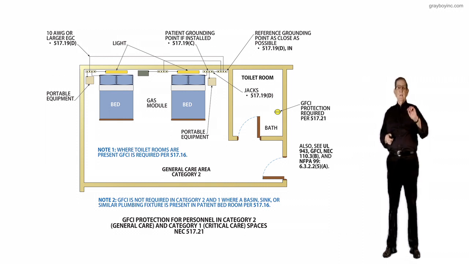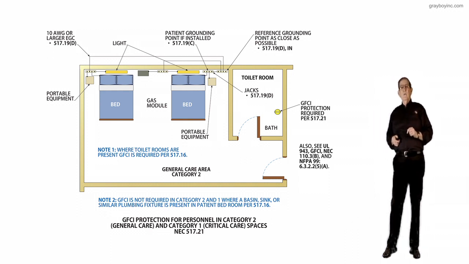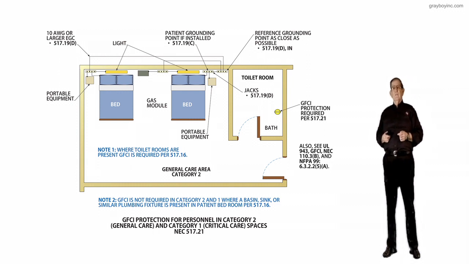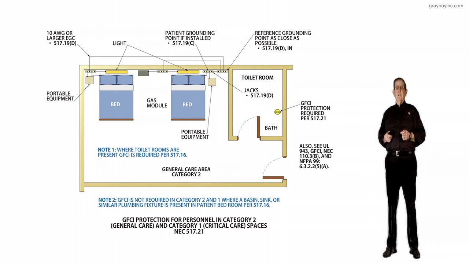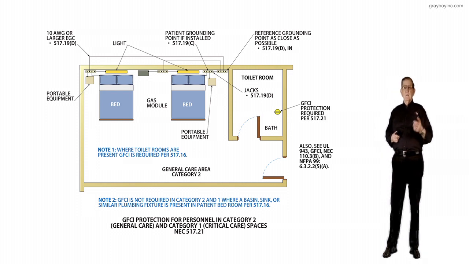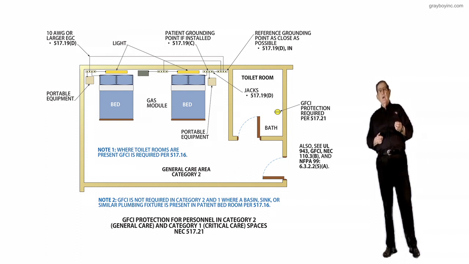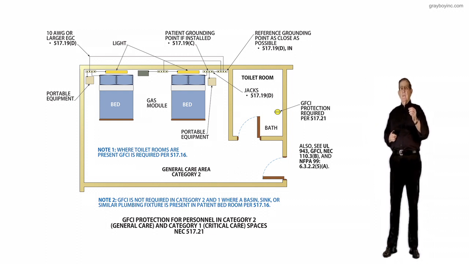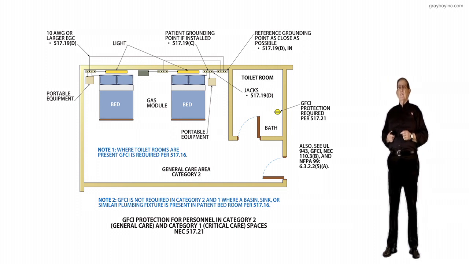And then if you have anything over 7.5 foot above it, then you look and see if you need redundant grounding or not. But when we design or install these wiring methods for a hospital, you've got to make sure you see what is general care area Category 2 or critical area Category 1, and your wiring methods and procedures, naturally are going to change there a little bit.